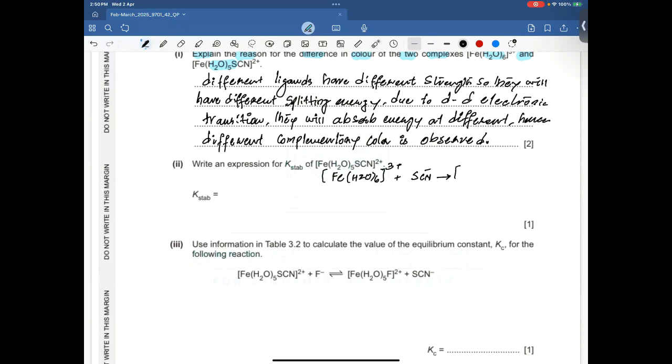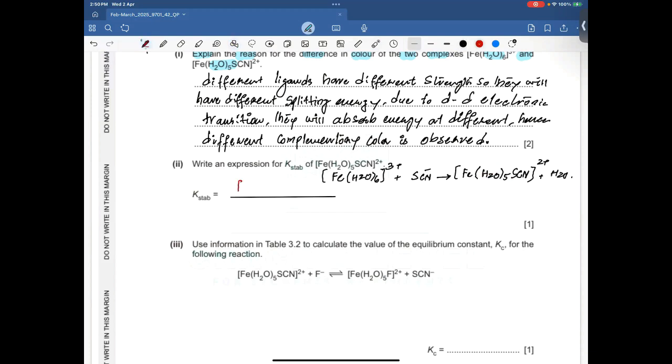It will substitute one water molecule and obviously it will turn to this complex. Now, on the basis of this equation, I will write the K-stab criteria here.